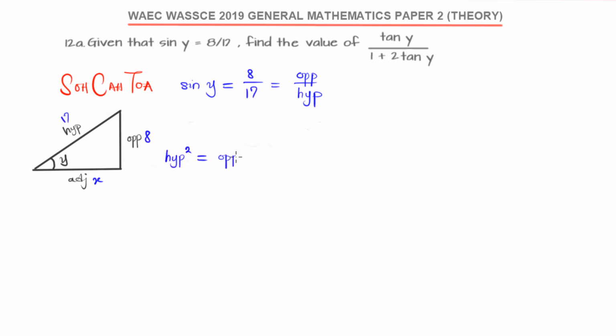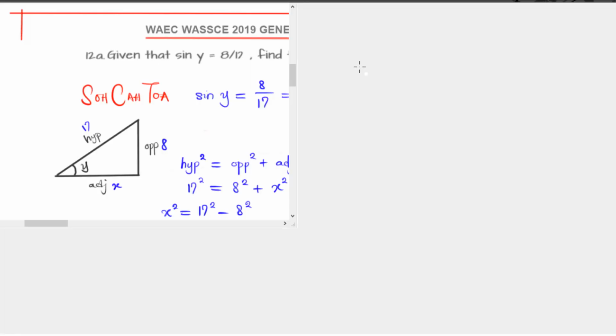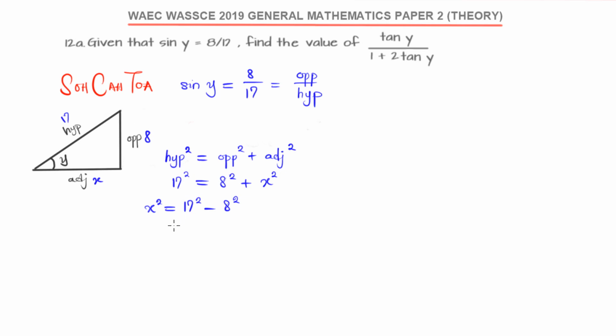by making use of Pythagoras theorem: the square of the hypotenuse is equal to the square of the opposite plus the square of the adjacent. So we bring in the values for the hypotenuse and the opposite. We can solve for the adjacent, which is x, by saying x squared is 17 squared minus 8 squared. Using our calculator, 17 squared is 289, minus 8 squared is 64.